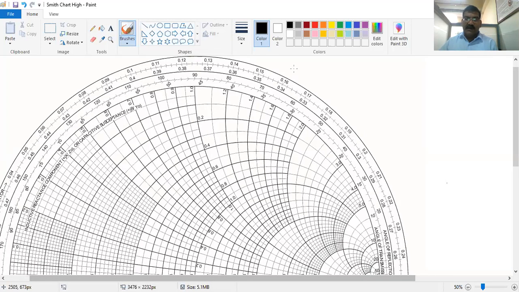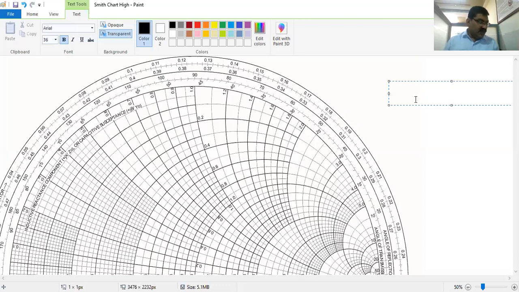I'll take the question one by one. So we'll go for problem one. Here in problem one, your ZL, or I'll say Z1, that is the impedance, is given, that is equal to 60 minus j80 ohm.